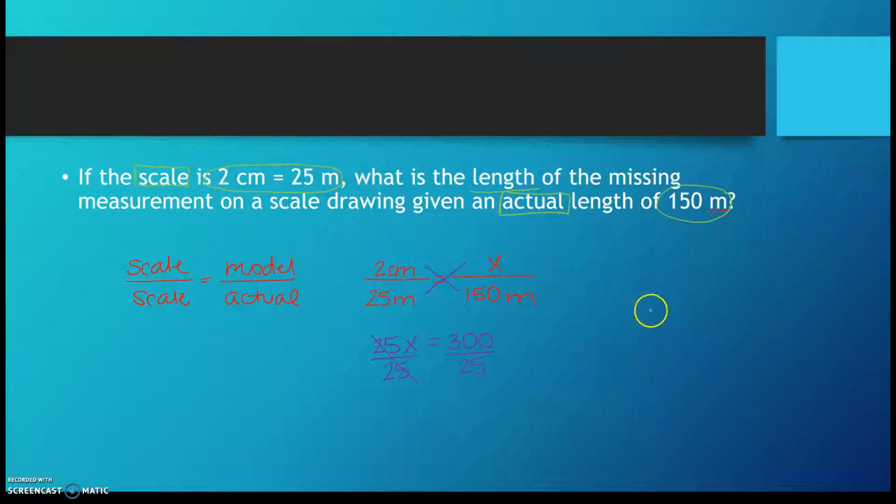I know how to do it mentally because I know 25 goes into 100 4 times, but there's 300, so 4 times 3 is 12, but we'll double check our math. I subtract and I get 2 times 25 is 50. Okay, so x is 12, and then I'm going to look up here. My x was on the top, which means it's a model measurement, so it's going to be in centimeters.